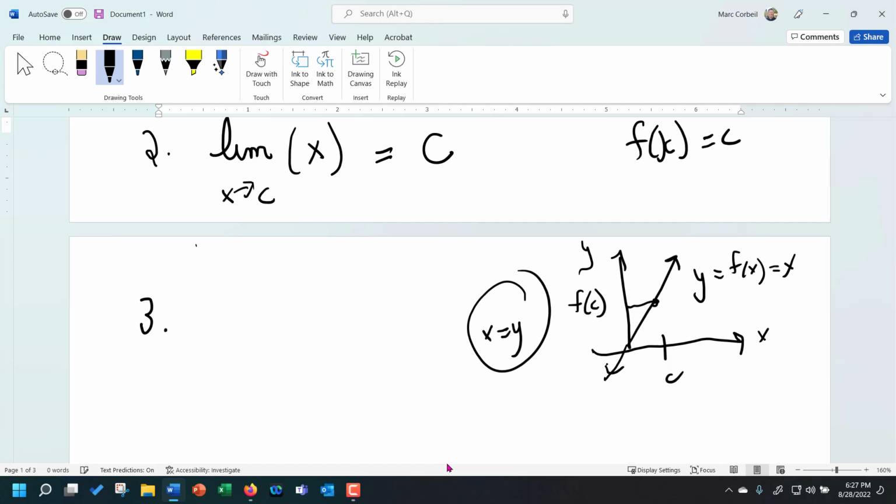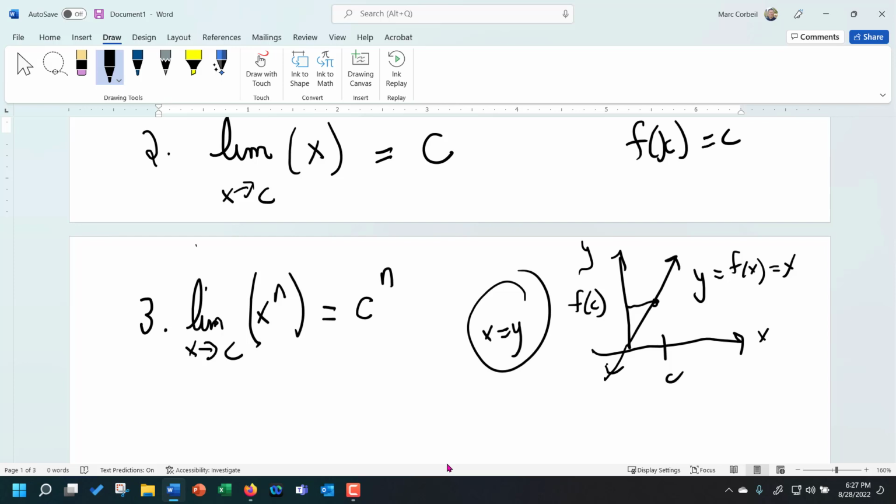Now the next one, and this is going to apply to all our polynomials, is what if we do the limit of a power of x? So that's going to be x to the n, so x to the 1, which we've got, x squared, x cubed, and all of these are going to be similar. They're going to be simply the value of the function evaluated at that value.